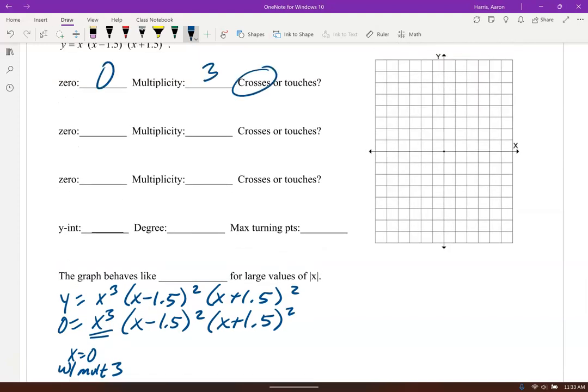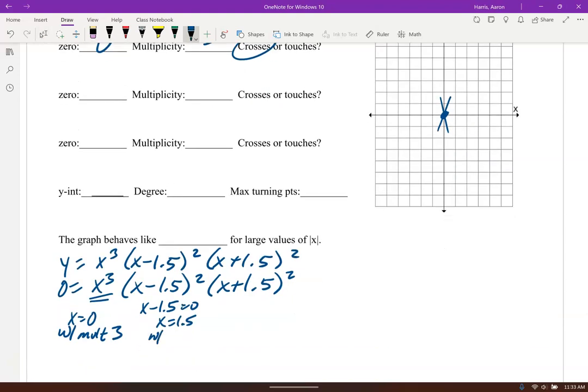Odd multiplicity is going to cross through. So at 0, it's going to cross through either increasing or decreasing. The next one, I take x minus 1.5 set equal to 0. So I have 1.5, but there's 2 of those, with multiplicity of 2. So 1.5 multiplicity 2.